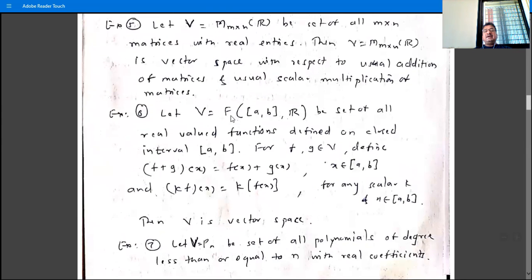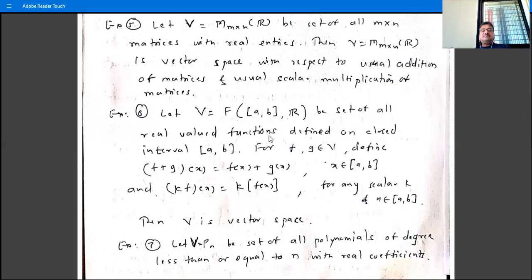Then the next example: V equal to F[a, b], R, where the square bracket a b means the closed interval a b. And what is this notation? This is the notation for the set of all real valued functions defined on a closed interval a b.